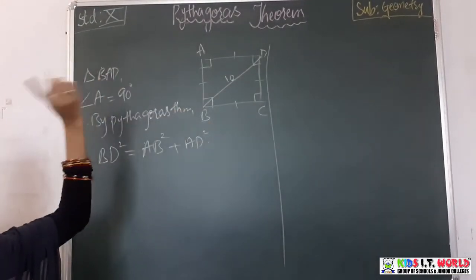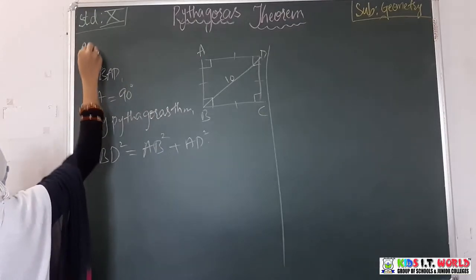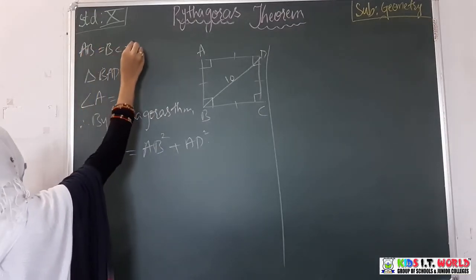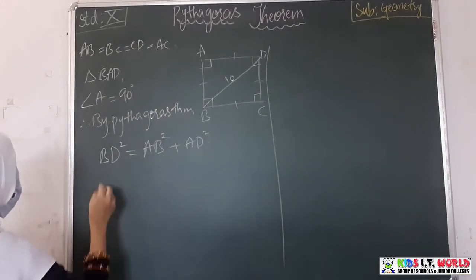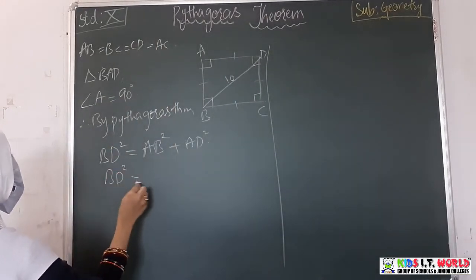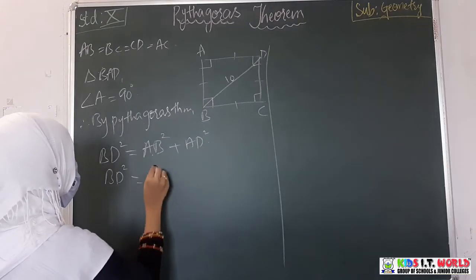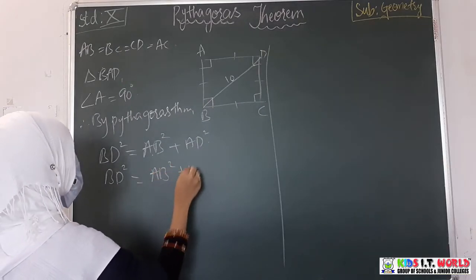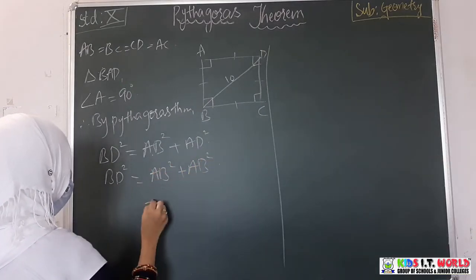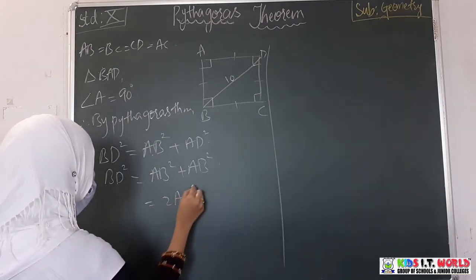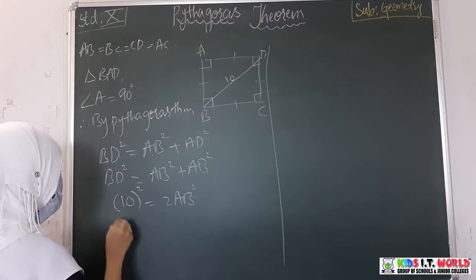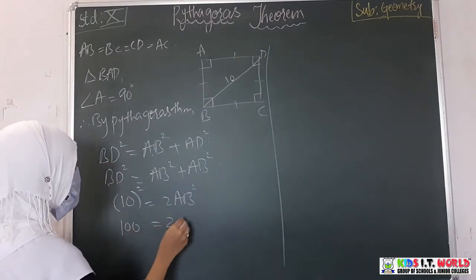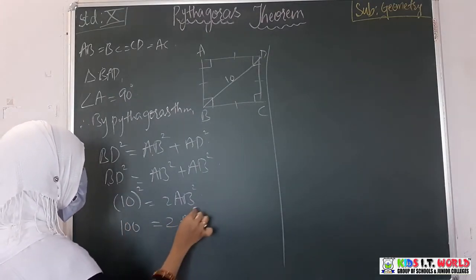Since it is a square, AB equals BC equals CD equals AD. So BD square equals AB square plus AB square. 2AB square is equal to BD, that is 10 square. 100 is equal to 2AB square.